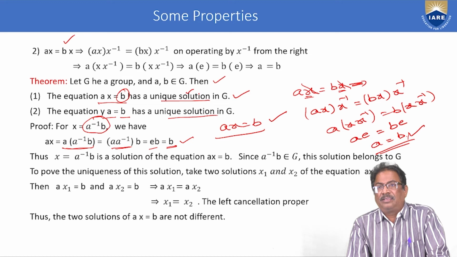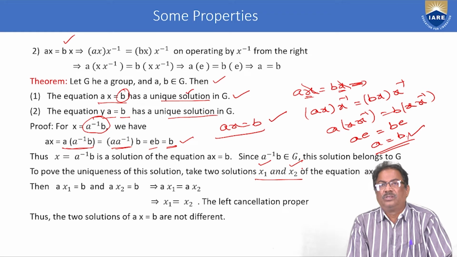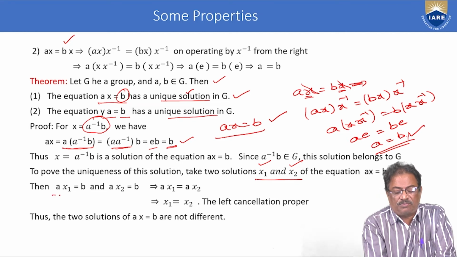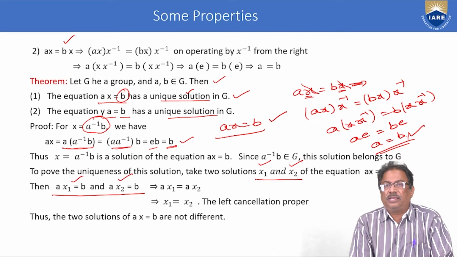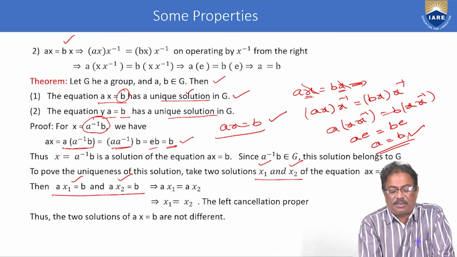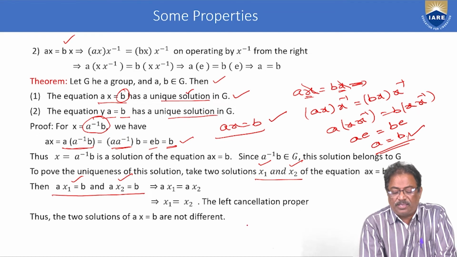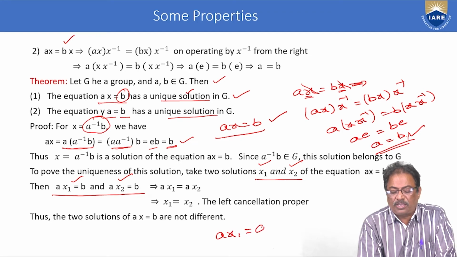Let x1 and x2 be two solutions of the equation ax = b. Then the equation is satisfied by both, so ax1 = b and ax2 = b. Replacing b with ax2, ax1 = ax2.